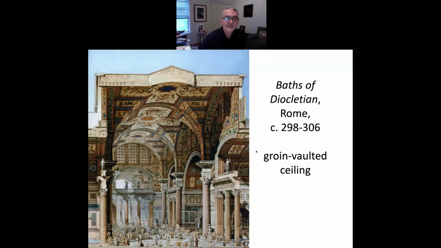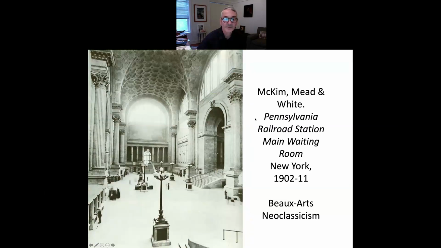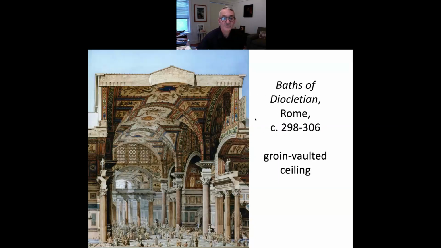And so you can see how the groin vault is sitting up on these. So there's a column, and then you get the groin vault starting. So it really just opens up the space underneath. And so this is a big, wide, open bath.